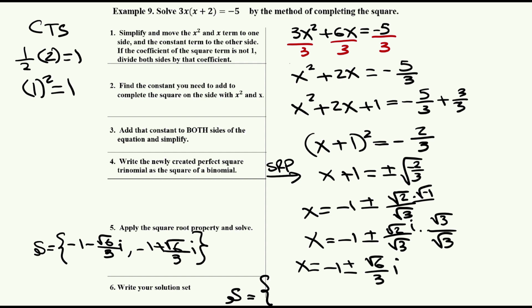So if you combine those, you're going to need a denominator of 1, which then you'll multiply by 3, and you'll do the same to the -1. So you get -3 minus square root of 6 i over 3, comma, and the same on the right side, -3 plus square root of 6 i over 3.